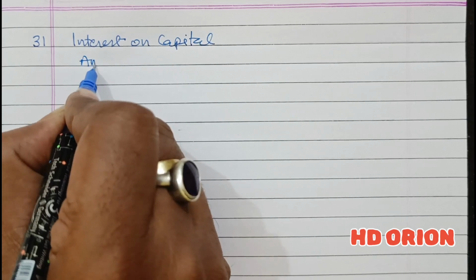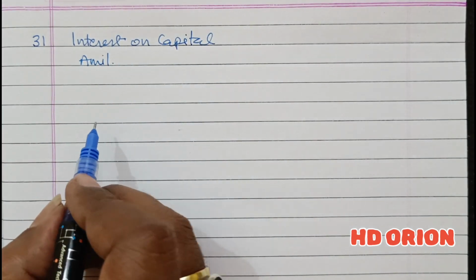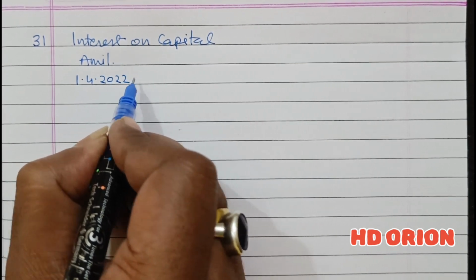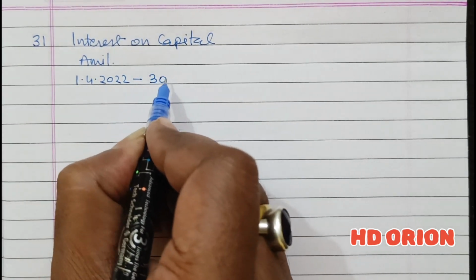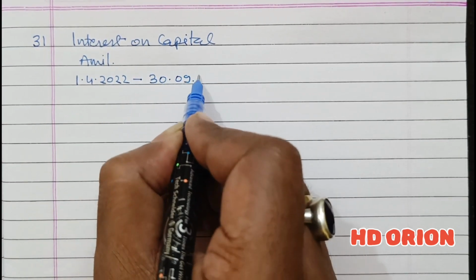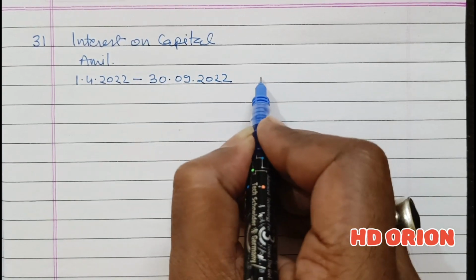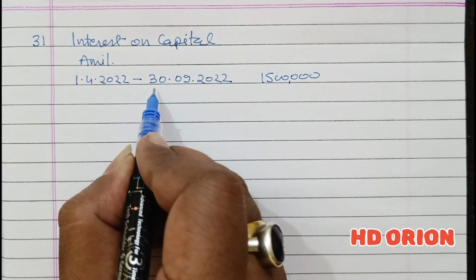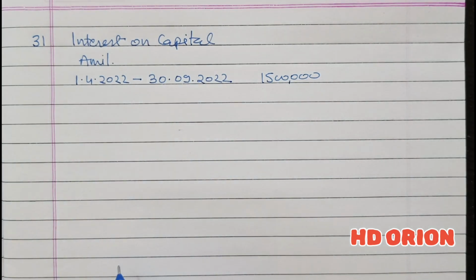For partner Amit first. From 1st April 2022 to 30th September 2022, his capital is rupees 15 lakh. Why till 30th September? Because on 1st of October, his capital is 12 lakh. Means he has withdrawn rupees 3 lakh.